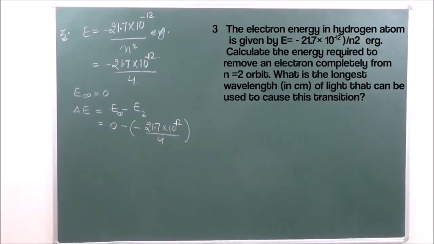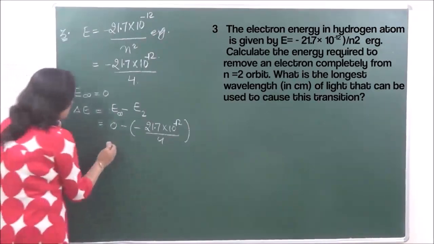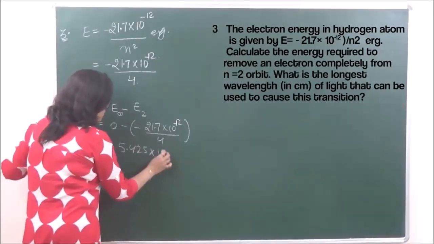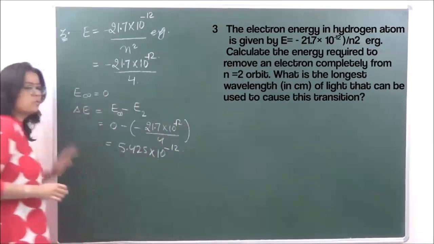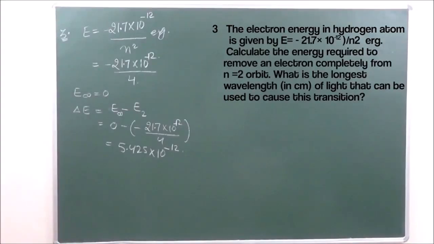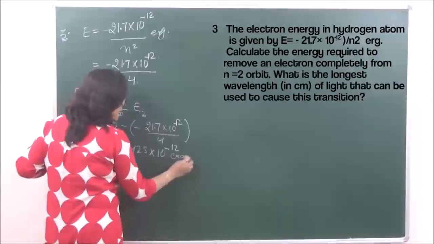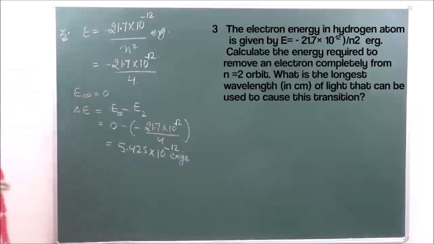So energy when calculated comes to 5.425 into 10 raised to power minus 12 ergs. Because in the question it is given to us in ergs, so over here also we will put the same unit.